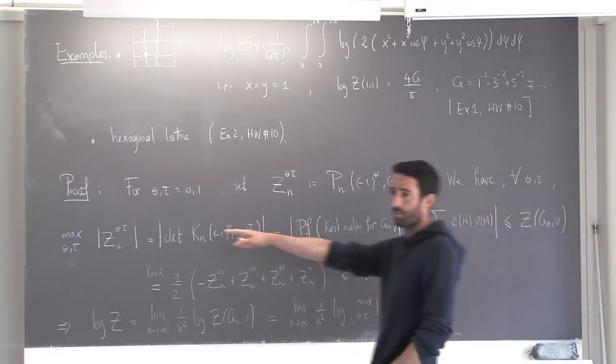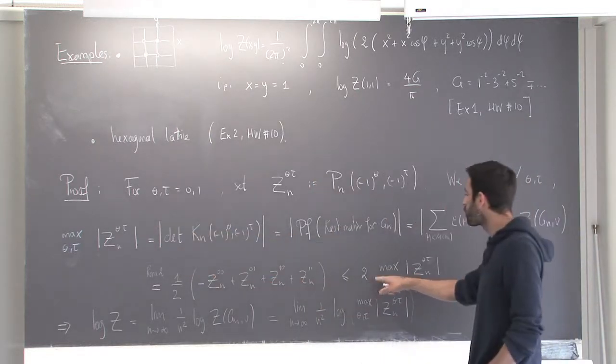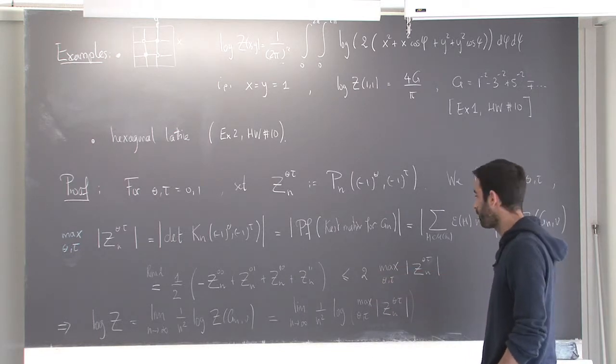Okay, if I just, I mean, it's clear, I would get log 2 over n squared that then tends to 0.